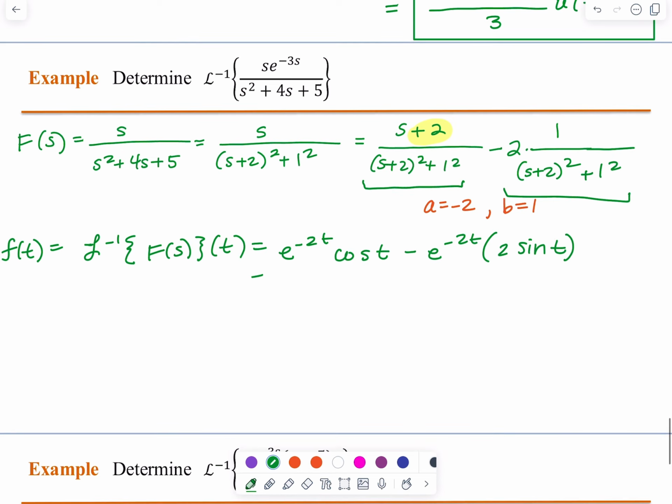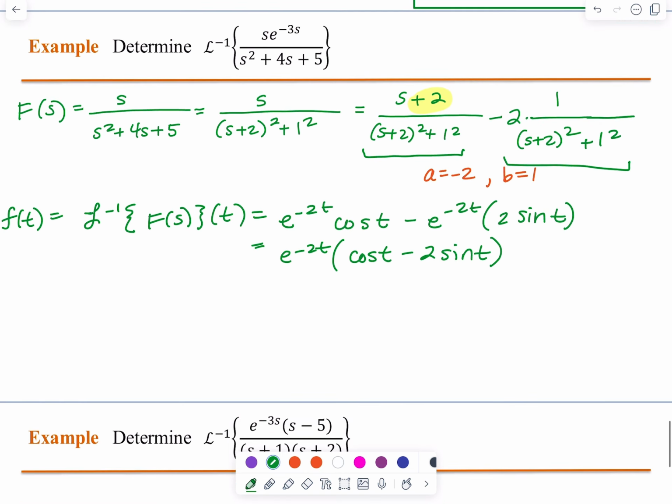So we could go ahead and factor that e to the negative 2t out and have cosine of t minus 2 sine of t.